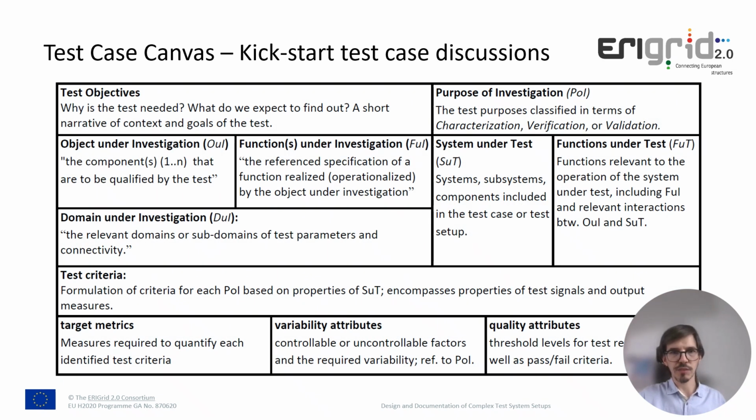So it has several fields that are exactly the same fields as in the complex test case canvas, but it's useful to print it out on a big page and just scribble together whatever you can find out. There's no reason to make a specific sequence of filling out the information. Rather, you should fill out those questions that you can answer. That's the best approach.